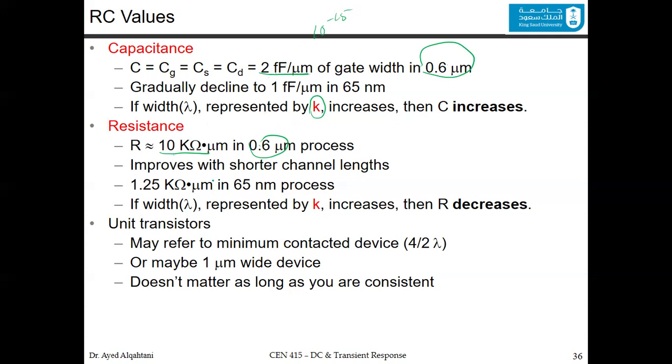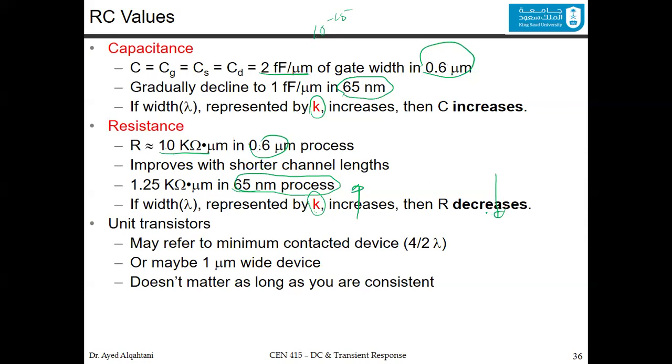Now, if you have this generation, the 65 nanometer, then there is a reduction in the resistance, only 1.25 kilo ohm times micrometer. Now, again, there is a relation between the width and the resistance. If the width in lambda, again represented by the letter K, increases, then the resistance decreases.